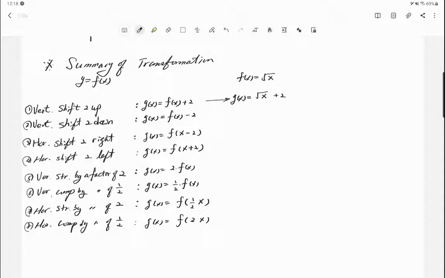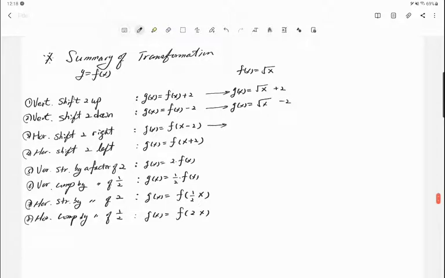Shifted 2 units up. How about shifting 2 units down? That means just subtract 2 from the original function f of x. So the graph of g of x is the graph of f of x shifted 2 units down. All right, and then how about the horizontal shift? The horizontal shift is where we change the variable x.